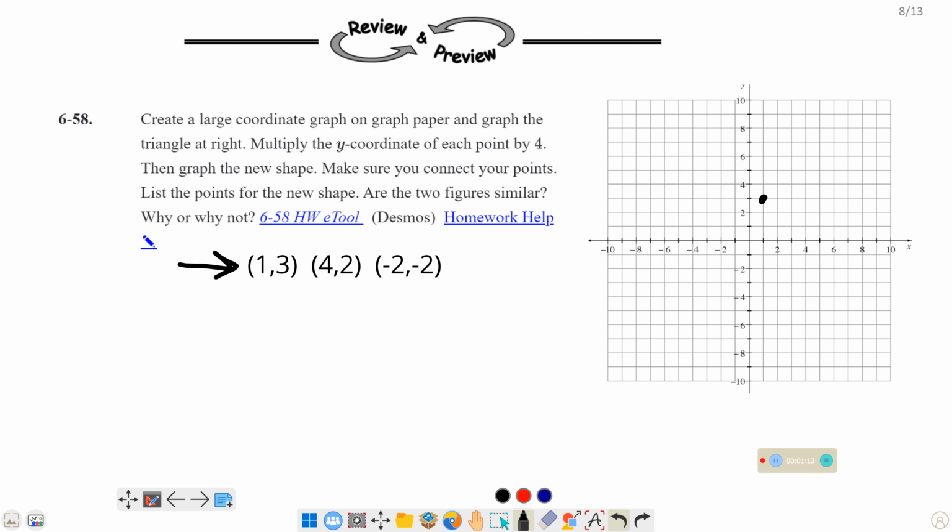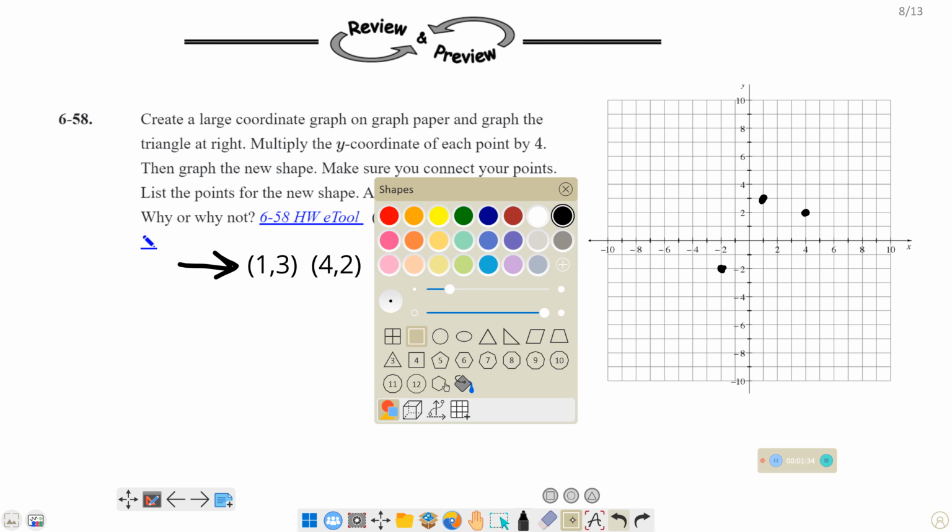Next, 4, 2, that says right 4, up 2, and I put a point. Last of all, -2, -2, left 2, down 2, and I put my third point. And this is going to allow me to create this triangle.